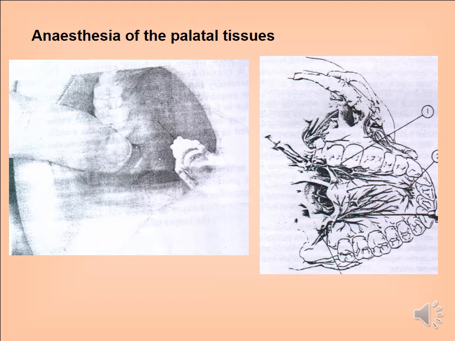Now, if we have finished giving anesthesia labially or buccally, we go to the inner side of the oral cavity, the roof of the oral cavity. It has the hard palate and soft palate. We know the innervation of the hard palate is by the nasopalatine for the premaxilla and the greater palatine for the other part, the palatine process of the maxilla and palatine bone.